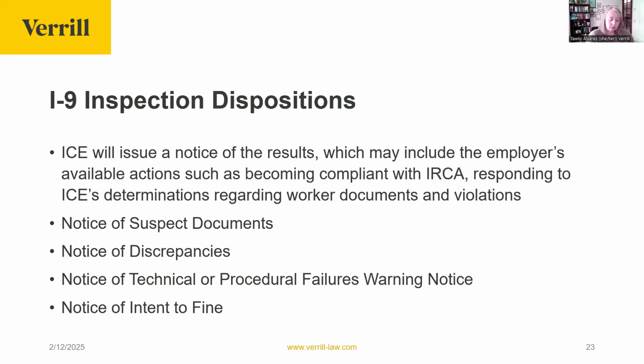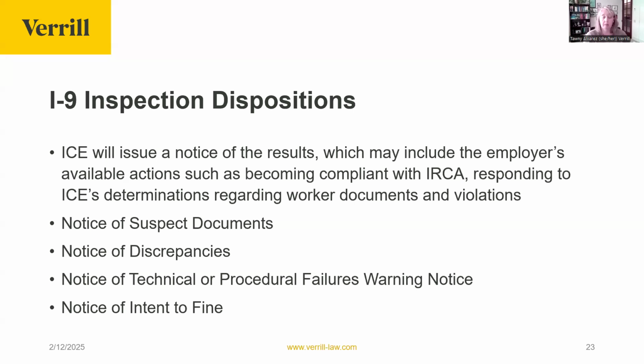As it relates to notice of discrepancies, oftentimes employers will take photocopies of Section 2 documents. That is permissible. It is not required. You're not required to have photocopies of the documentation that was provided in verifying identity or eligibility to work in the United States.